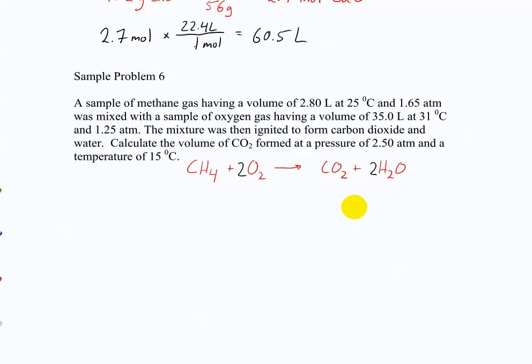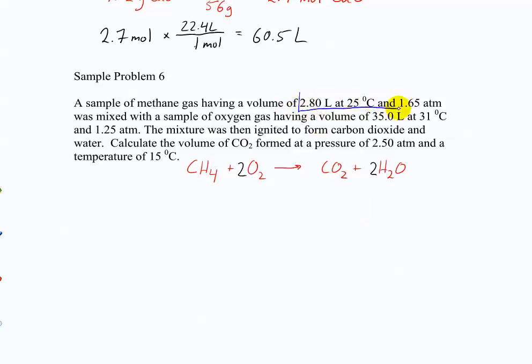What sort of quantity do you think you're going to have to find here? Grams, liters, moles. What do you think we find first? Probably moles, right? But now we've got moles of gases. So to find moles of gases, we don't use molar masses, we use the ideal gas law.